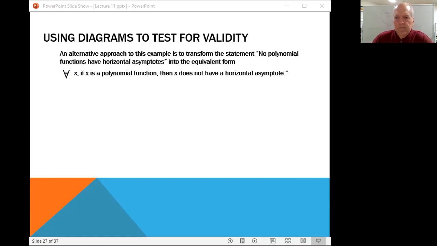And an alternative approach to doing this is to look for equivalent forms in our logical arguments.